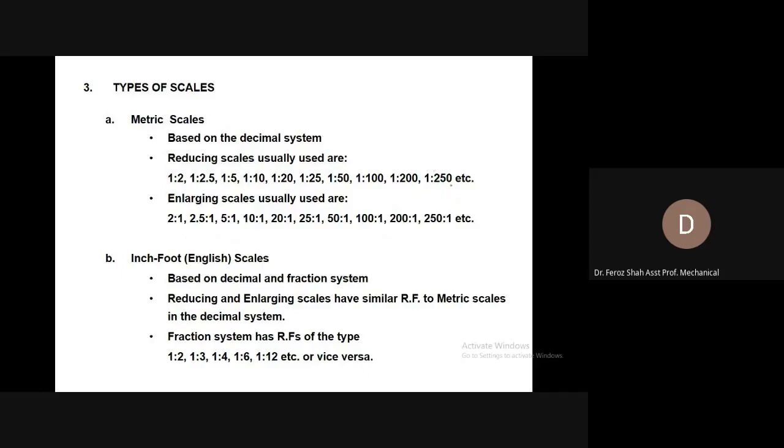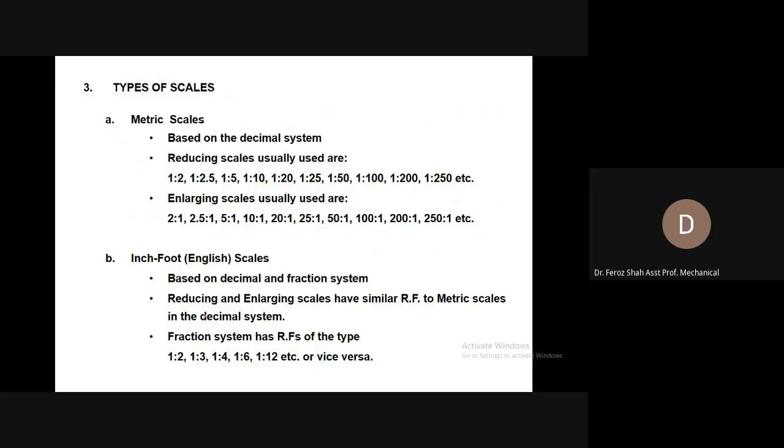If the object is very much larger as compared to your drawing area, this fraction will also be larger. For enlarging scale, you can have the reverse fractions, 1000 ratio 1, 10,000 ratio 1, and you can go beyond this if the object is very small, up to any limit depending upon the actual size of the object and the available space of your drawing sheet.